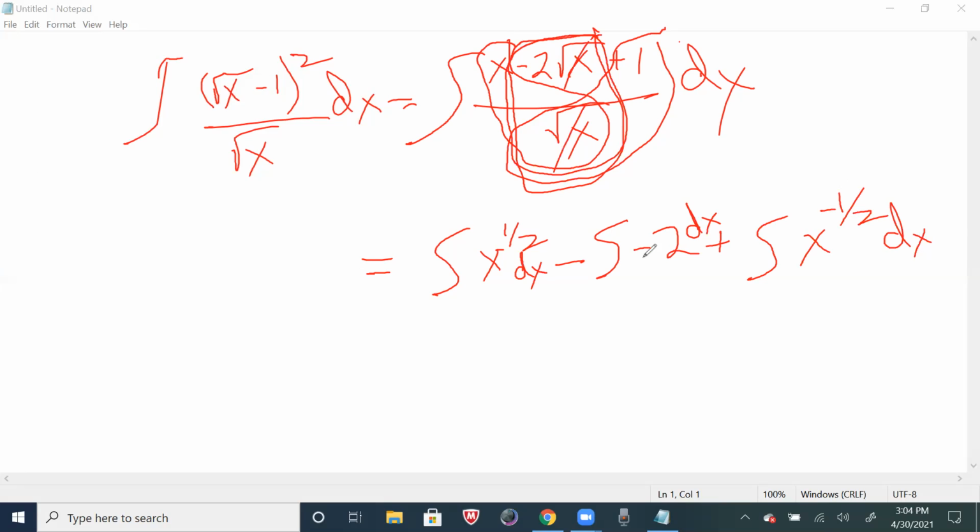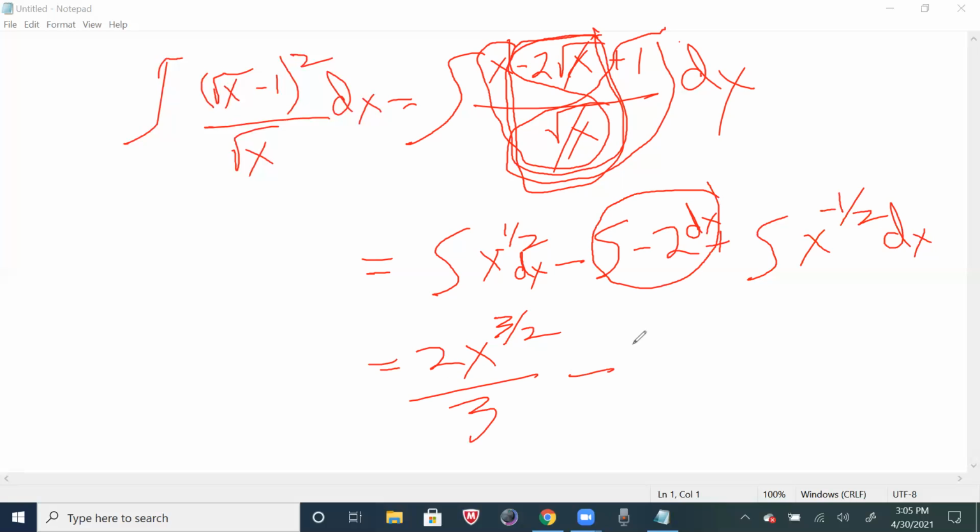So what we were looking at boils down to this. What's the integral of x to the 1/2? Add 1 and divide by the new exponent. So that's 2/3 x to the 3/2. Add 1 makes it that. Divide by 3/2 is the same as multiplying by 2/3. And then what's this one?